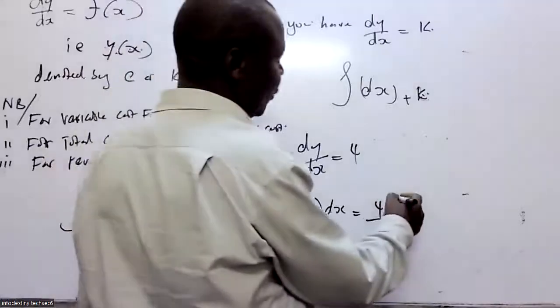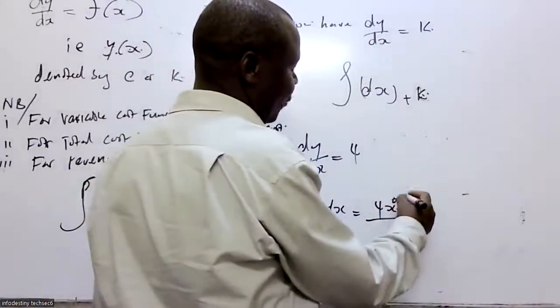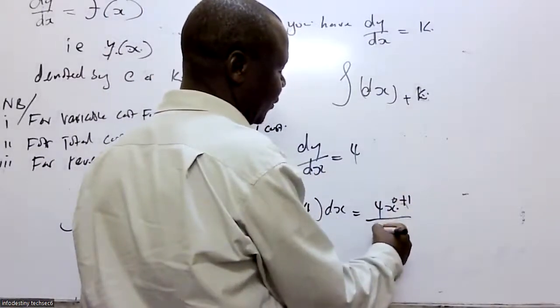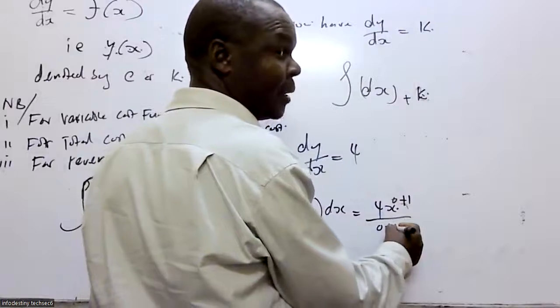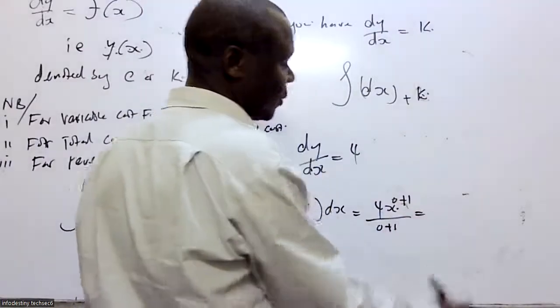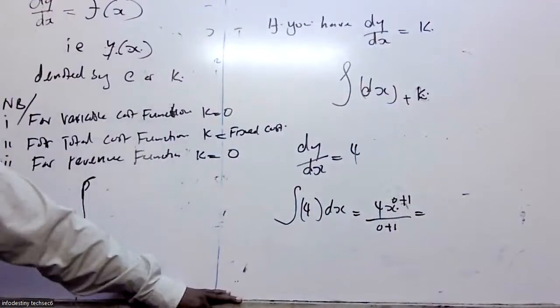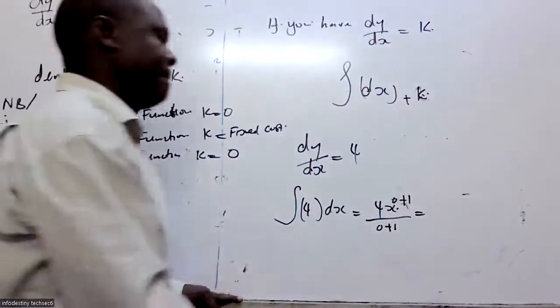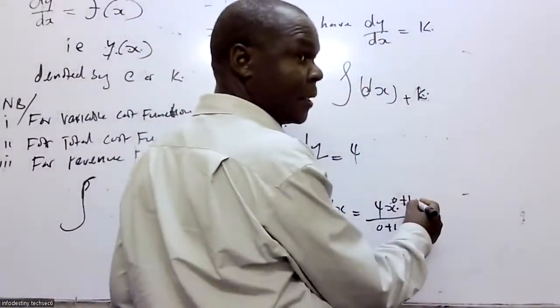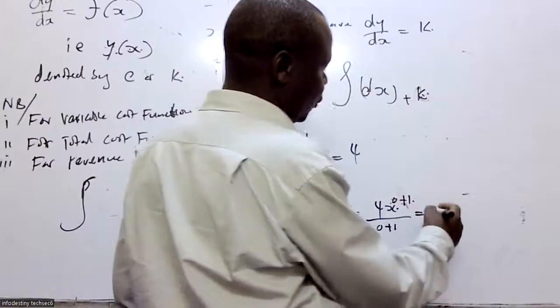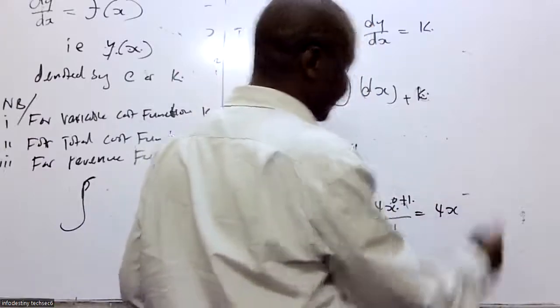Remember, there was 0 here. We add 1, then we divide by 0 plus what? 1. That's going to give us what? This time, this plus this? 1. So it's going to give us 4x.